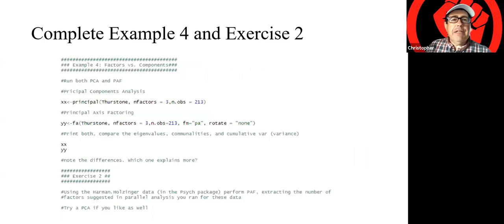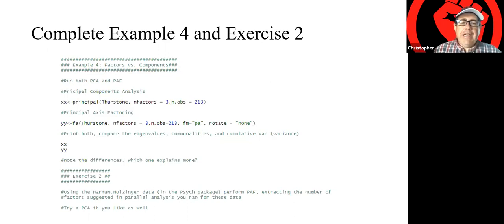All right, other things to do here. At this point, I'd like you to complete example 4 and exercise 2. Example 4 basically has you run both types of analyses and compare them, noting the differences between the eigenvalues, communalities, and various other pieces. And then exercise number 2 has you use a data set that's included in the psych package called Harman-Holzinger, do a parallel analysis, and you used this earlier to do a parallel analysis.